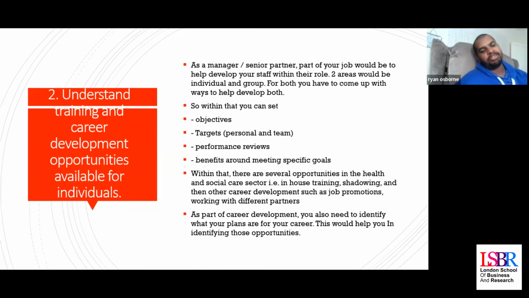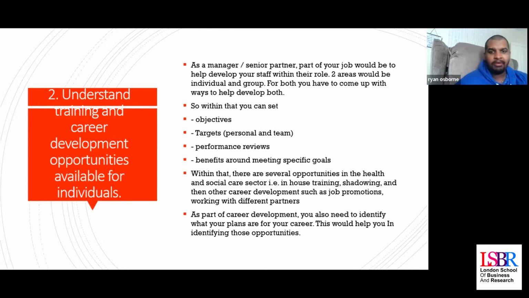Within that, you can develop them in many different ways. You can set objectives, personal targets and team targets, have performance reviews, or share benefits around meeting specific goals.